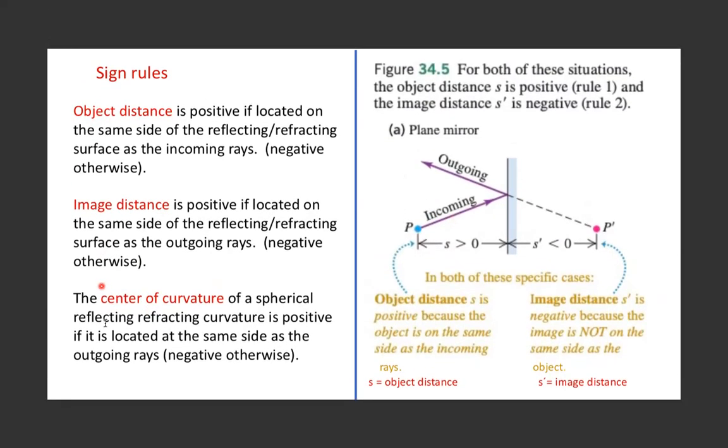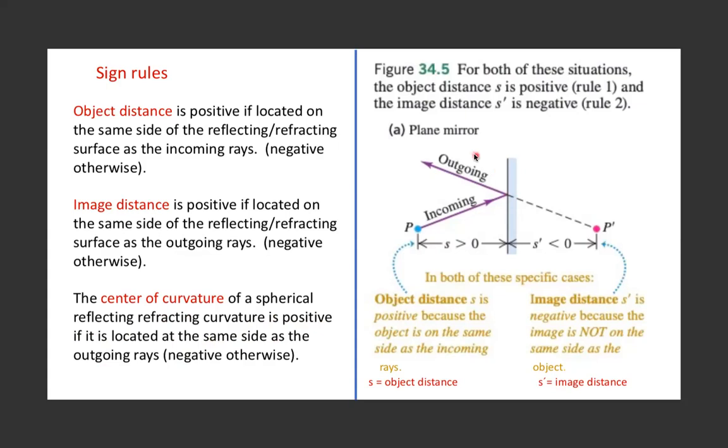Center of curvature. Well, the center of curvature of this thing is actually infinite, and it could be on this side or on that side, okay? Because this thing is not curved like that or like that, which are the next steps that we're going to look at. But the center of curvature of a spherical reflecting or refracting surface is positive if it is located on the same side as the outgoing rays.